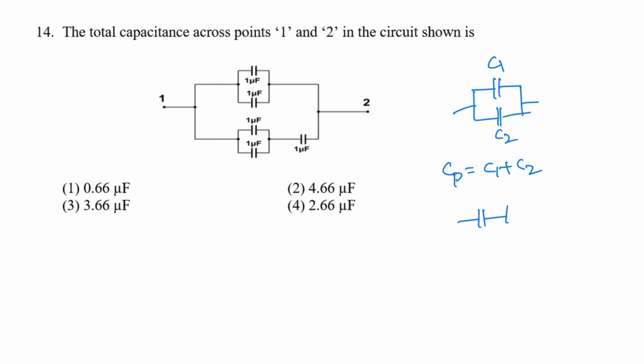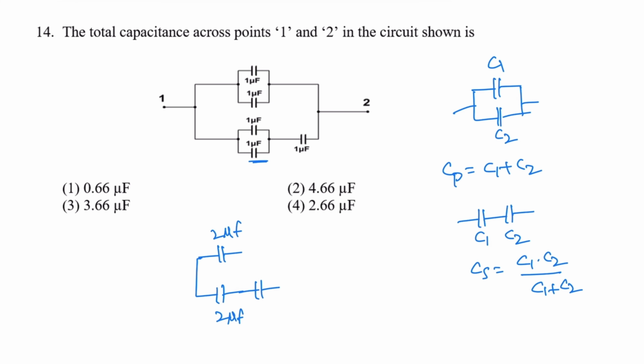When two capacitors are connected in series, the equivalent capacitance is C1 C2 by C1 plus C2. Using this formula, these two are connected in parallel, so the equivalent value is 2 microfarad. Similarly, this one is connected in parallel, equivalent is 2 microfarad.